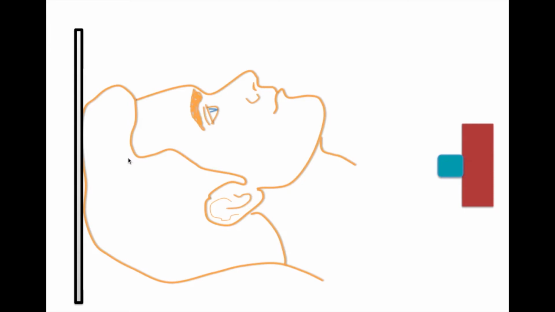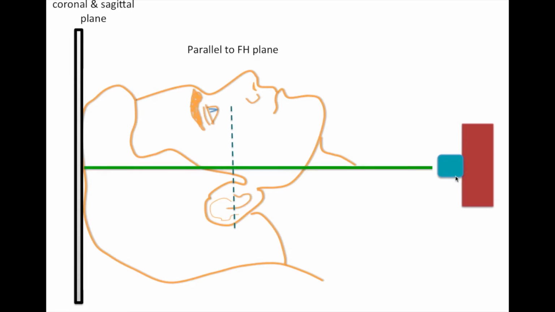Okay, so the image receptor is placed parallel to the Frankfurt horizontal plane and perpendicular to the coronal and the sagittal plane. The beam is directed, as the name suggests, submentovertex projection. So the beam is directed from below the mandible to the vertex of the skull and such that it is 2 cm anterior to the condyle.